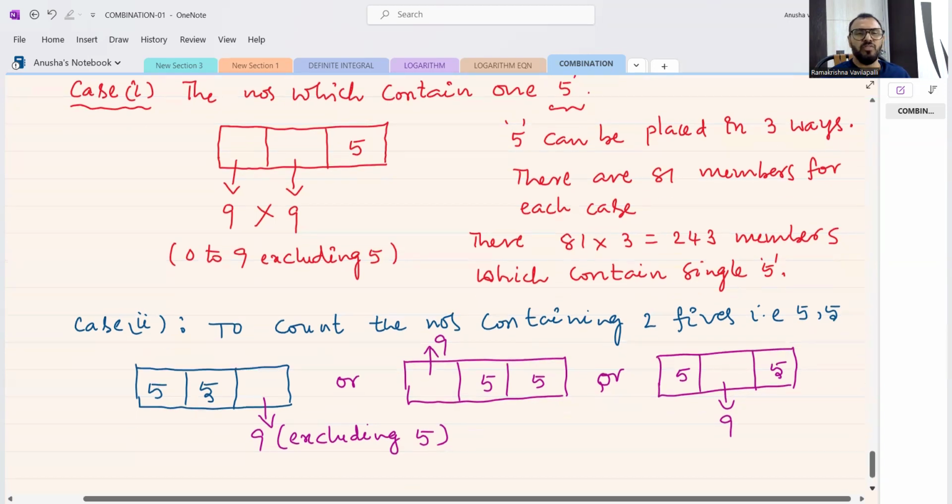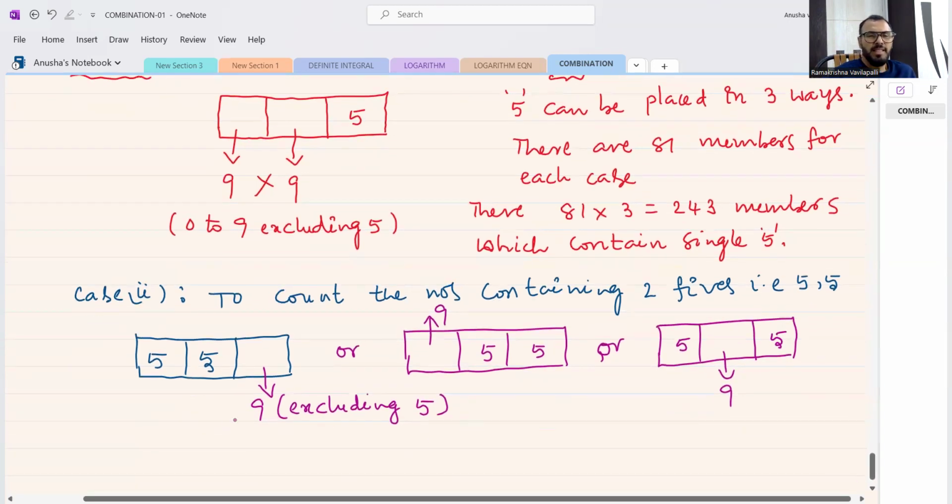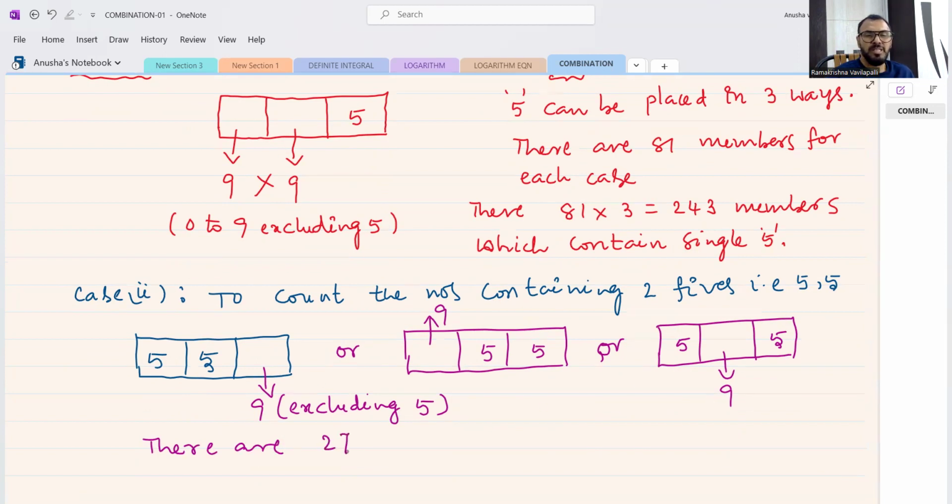So therefore, there are 27 numbers which contain 2 fives.